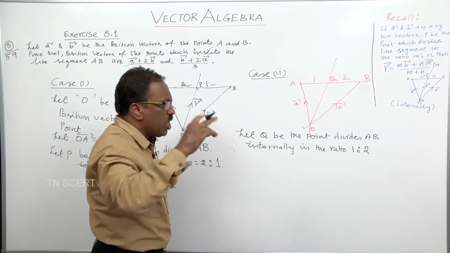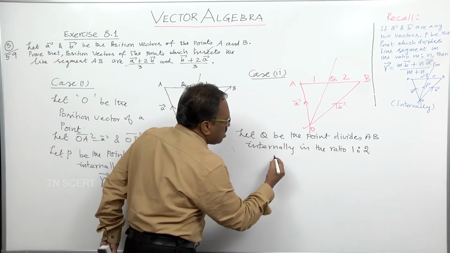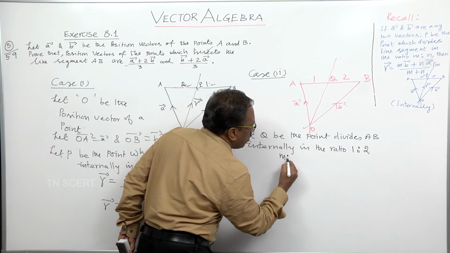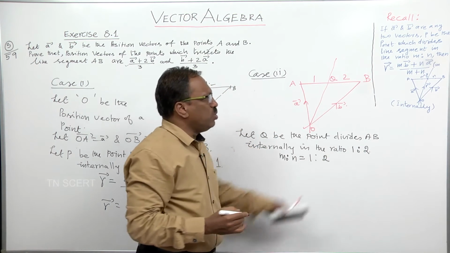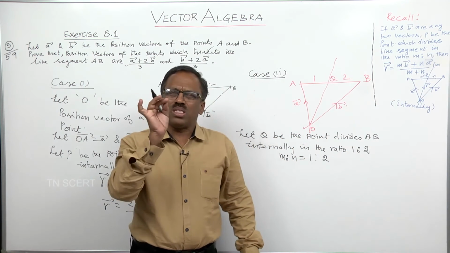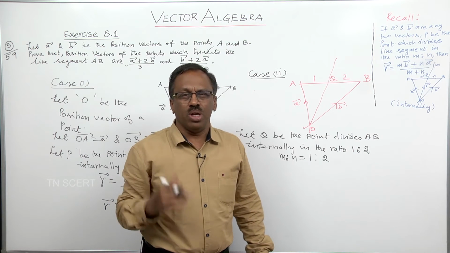Instead of 2:1, we take the other way, that is 1:2. That means here also m:n would be written this way as 1:2 using the same formula. The formula is simple, so simple, it is nothing but the section formula.